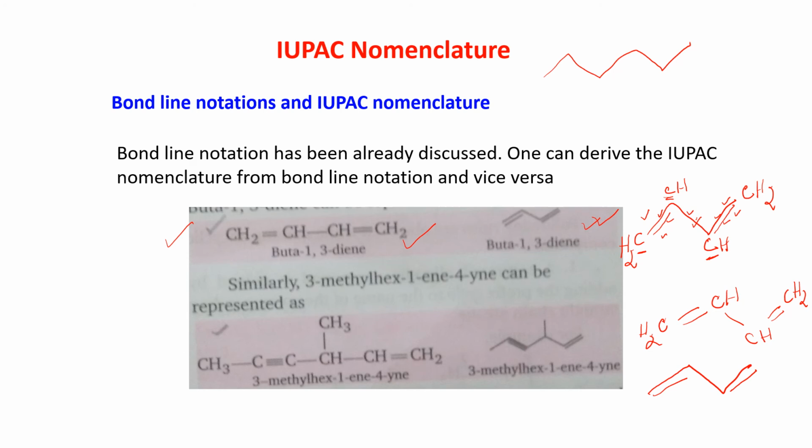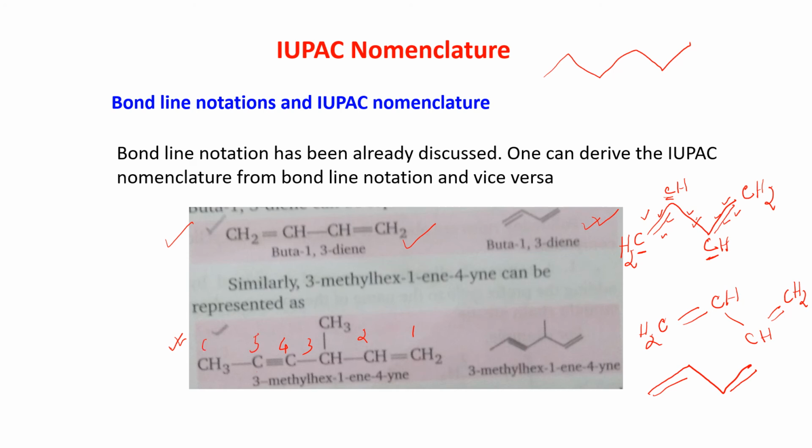Now come to the second one. CH3, C triple bond C, CH, CH, CH2, and there is one CH3. As you know, the double bond will get the lower number than the triple bond. So my numbering will be 1, 2, 3, 4, 5, 6.